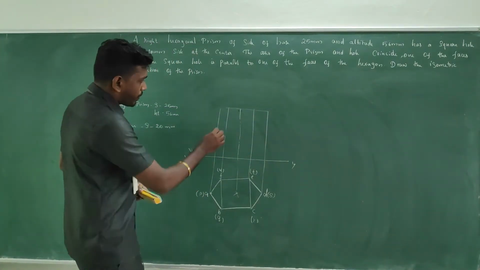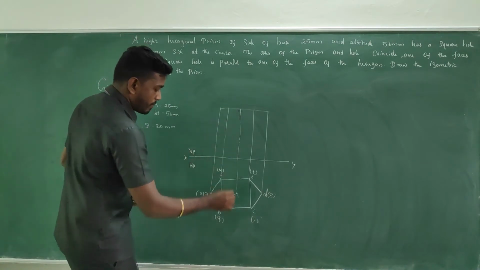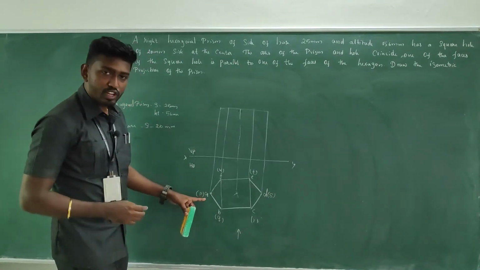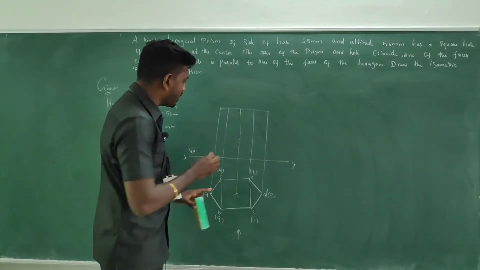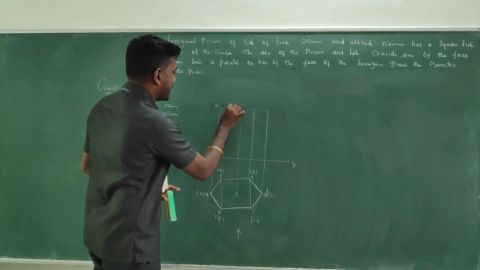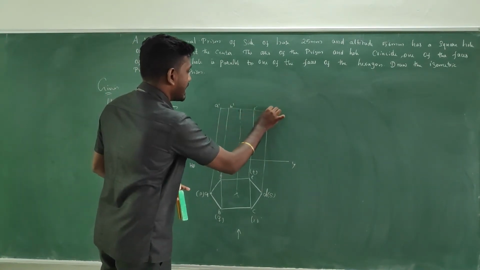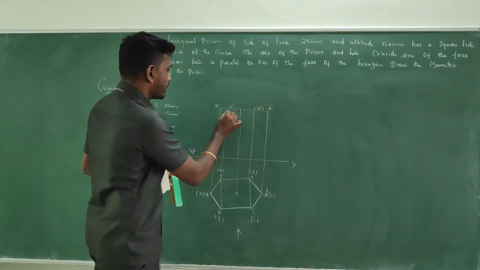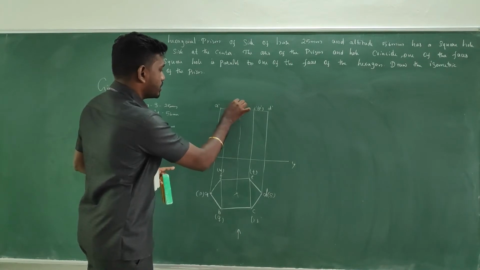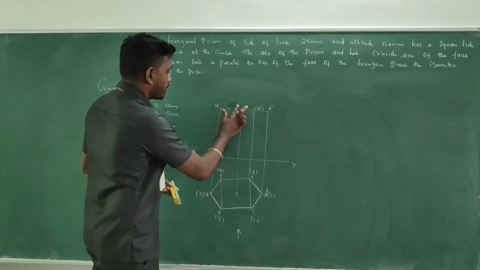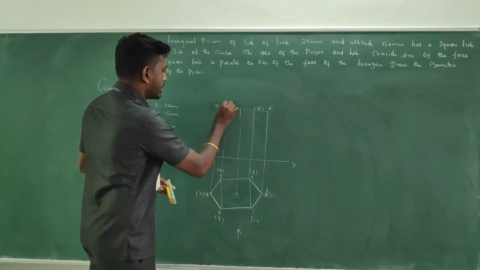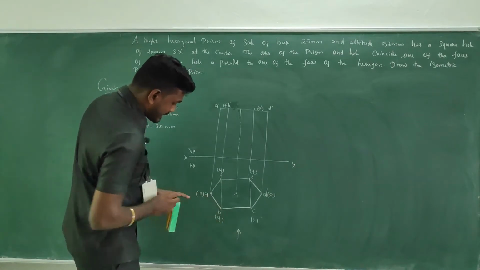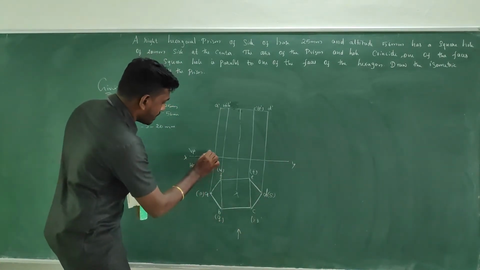Note down the corners which are visible in the front view. As far as the top base is concerned, A, B, C, D will be visible. A dash, B dash, C dash and D dash will be visible. E and F will be invisible. Regarding the bottom base, P, Q, R and S are visible.